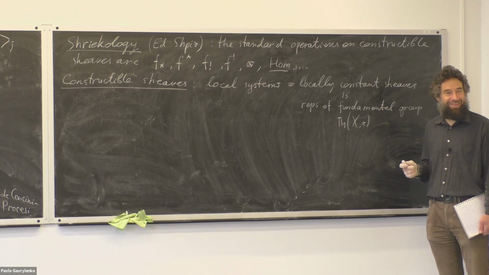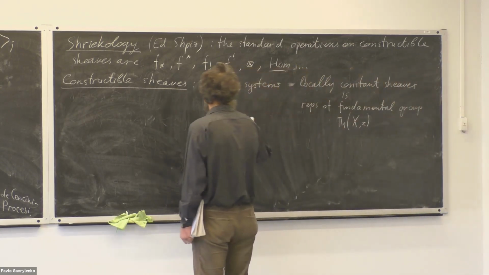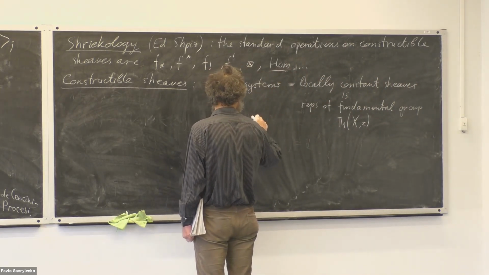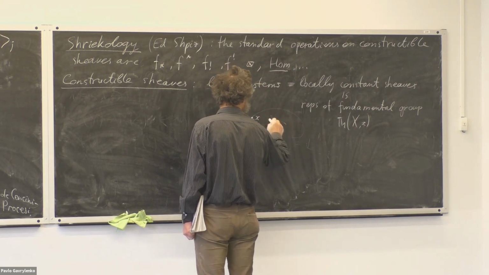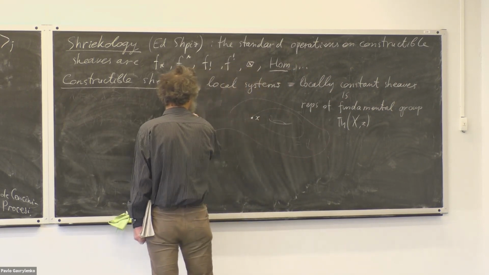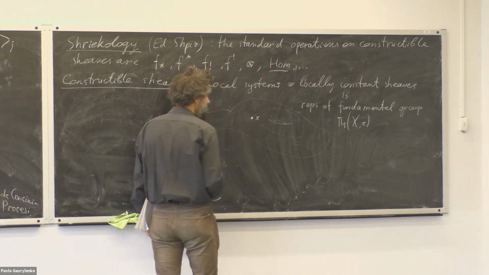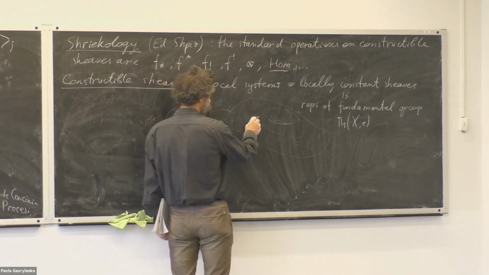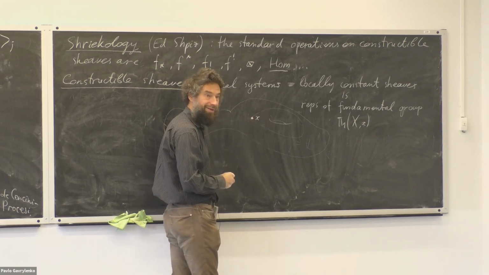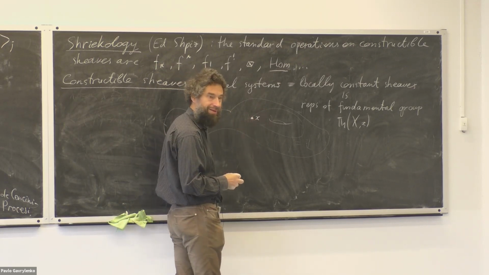And then it gives rise to a representation of the fundamental group just because if you have this base point x and you have a loop like this, then if you go around this loop, your sheaf is locally constant, so its stalks at nearby points are identified.